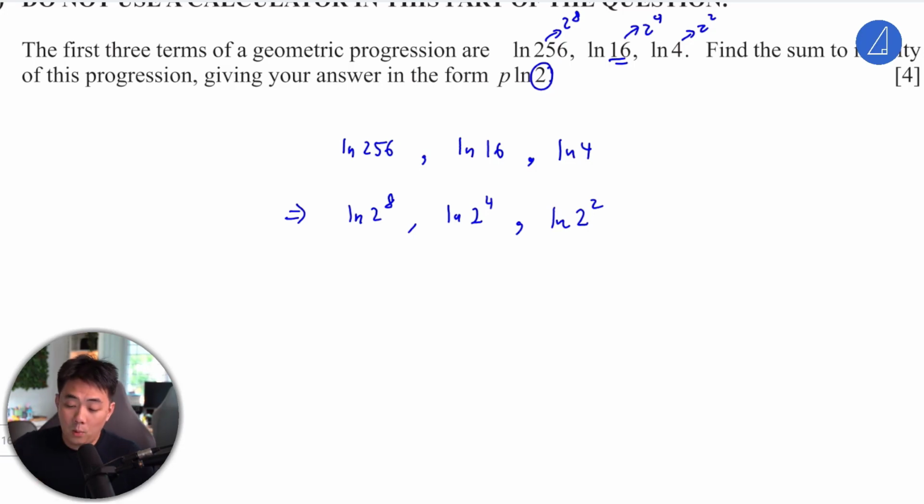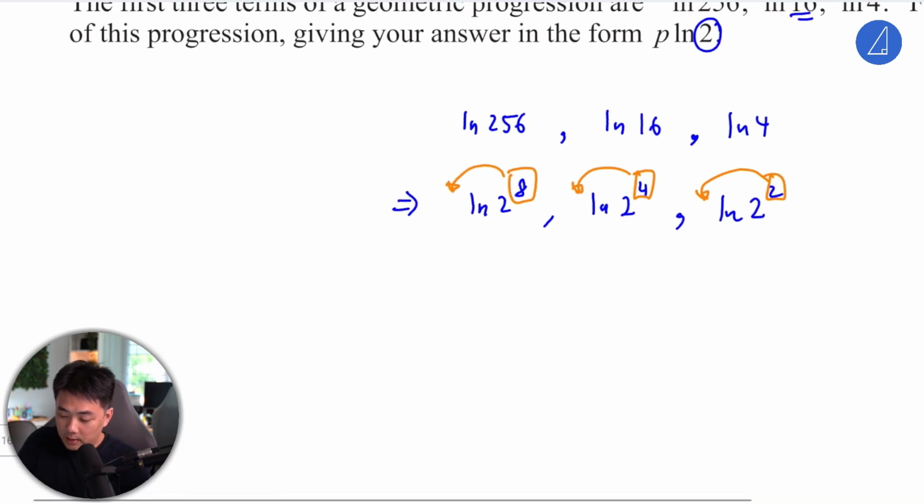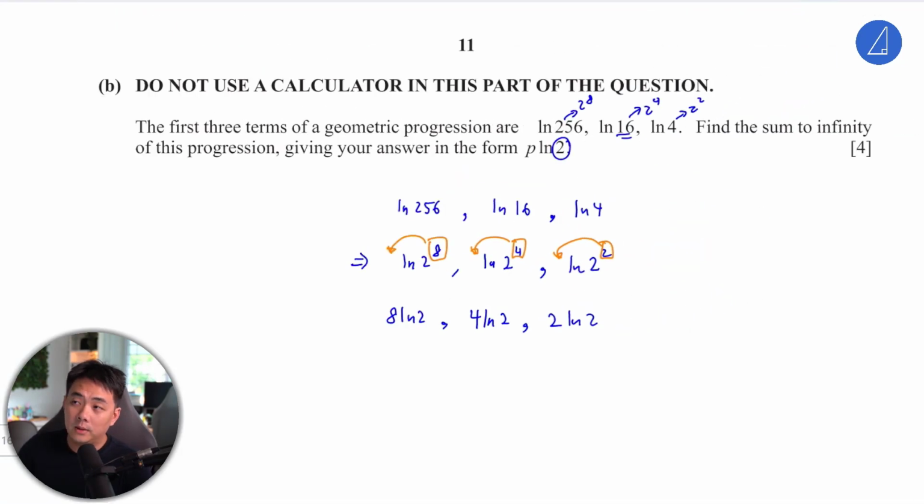Then why do I rewrite this? Because I could bring these powers down. It'll be easier for us later. So these first 3 terms could be rewritten as 8 ln 2, 4 ln 2 and 2 ln 2. Usually we'll rewrite them first, and it'll be much easier.